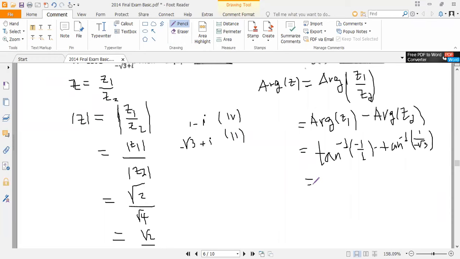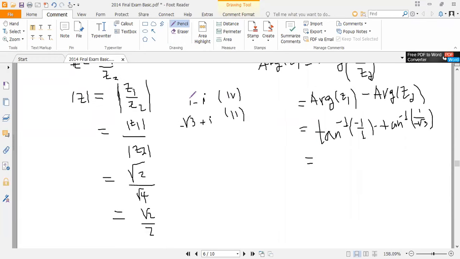So 1 minus i is found in the fourth quadrant, which gives minus pi over 4 as the argument for this one. For the other, tan inverse of 1 over radical 3 means that 1 is the opposite and radical 3 is the adjacent, so the hypotenuse will be 2.